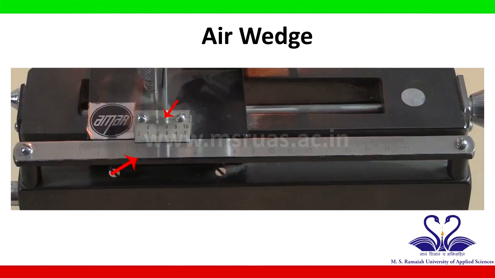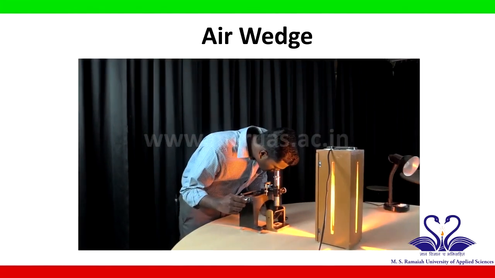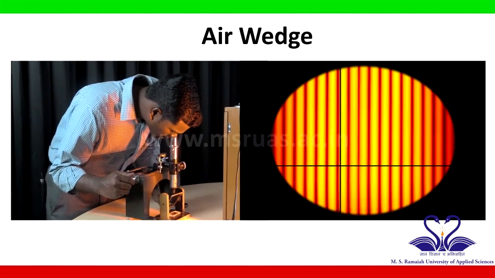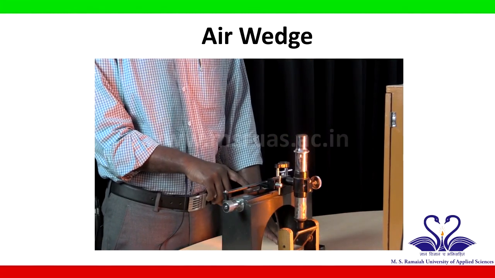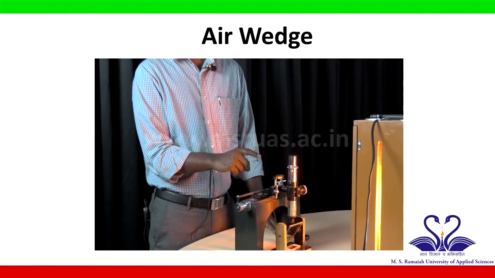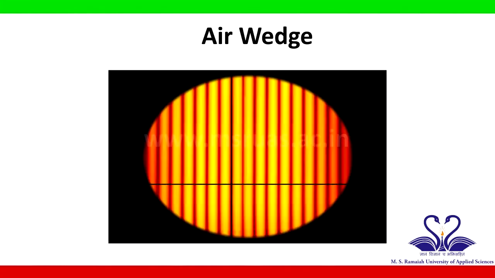This gives the readings for the 0th dark fringe. Next look through the microscope and rotate the drum so that the cross wire is coinciding with the second dark fringe. Note down the corresponding main scale reading and the vernier scale division. Similarly, rotate the drum so that the crosswire coincides with the 3rd, 4th, 6th, 8th and 10th dark fringe.